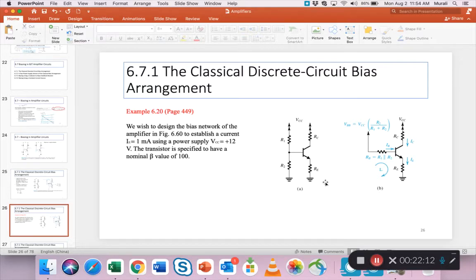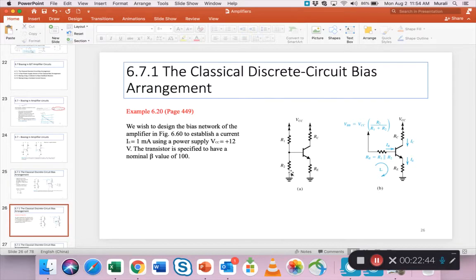And using that, he comes up with R1 plus R2 as 120K. Then he also uses another method to come up with the R1 and R2. Make sure you understand how exactly he does the logic of that and finds the individual R1 and R2.